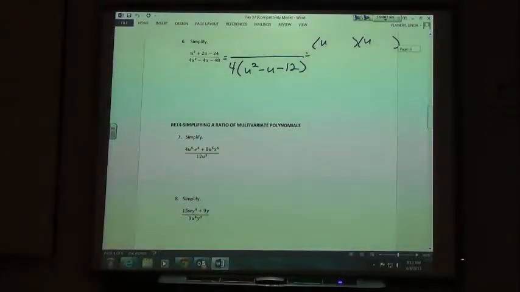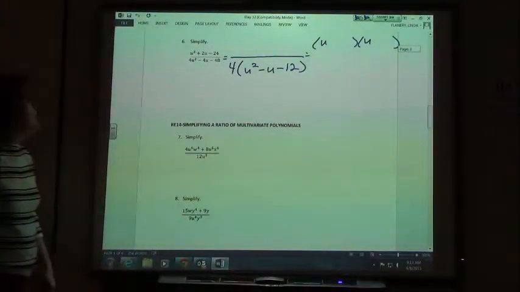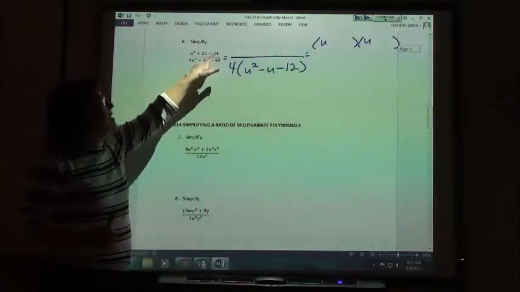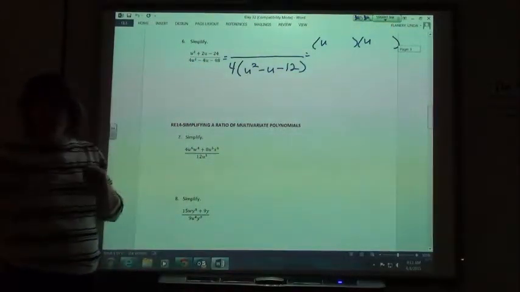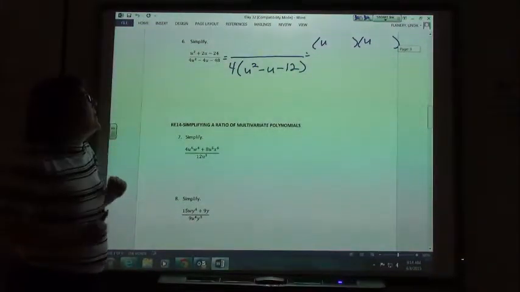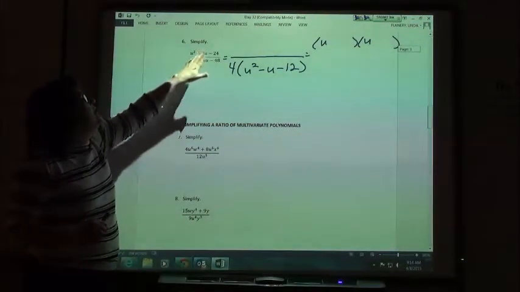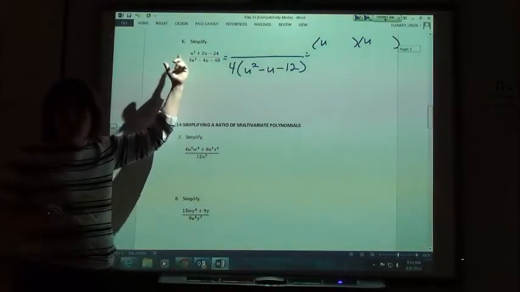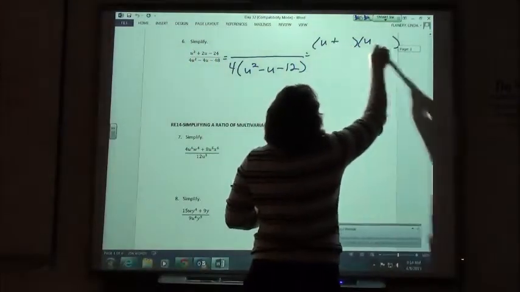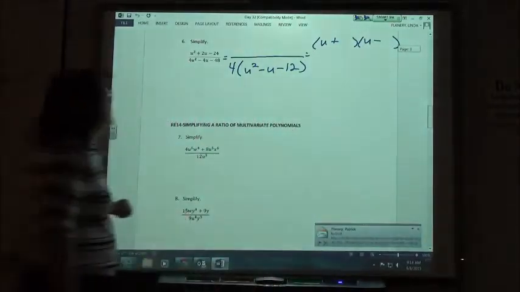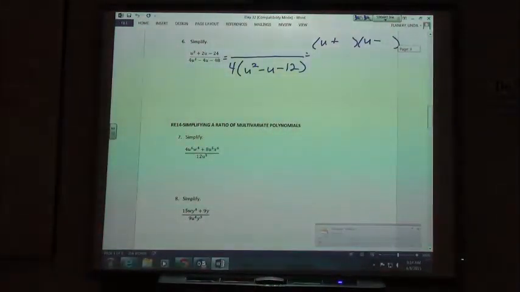Since the end is negative, I'm going to have one of each, 1 positive and 1 negative. If I'm going to have both negative, the end has to be positive and the middle is negative. So if the end is negative, we've got 1 positive and 1 negative. Factors of 24, that's going to give me that positive 2 in the middle.